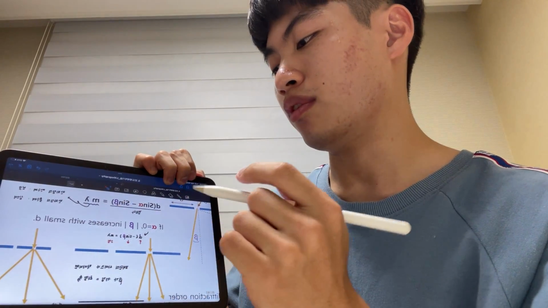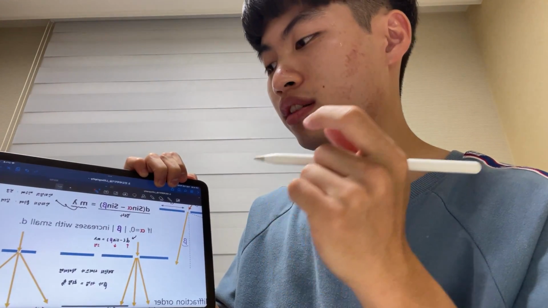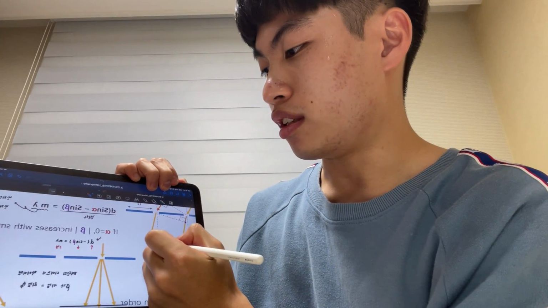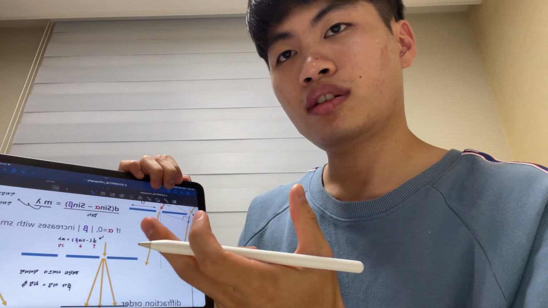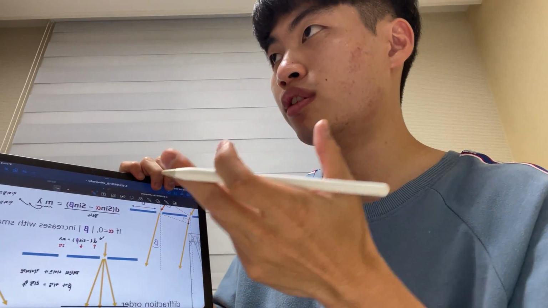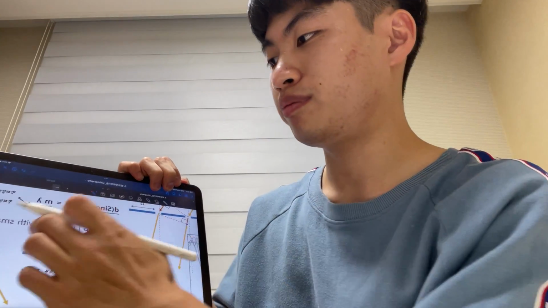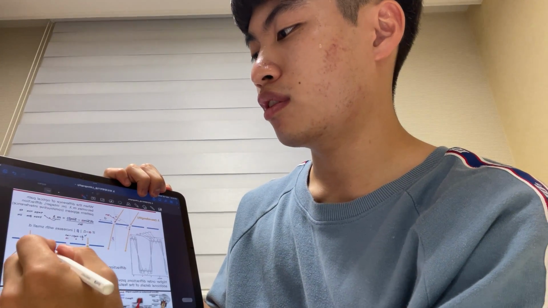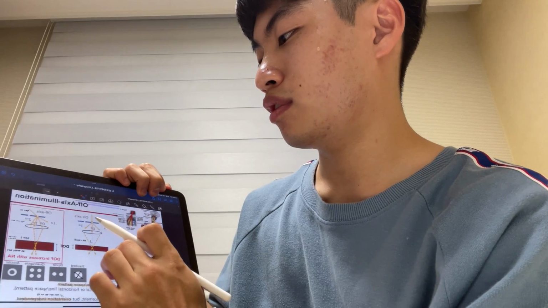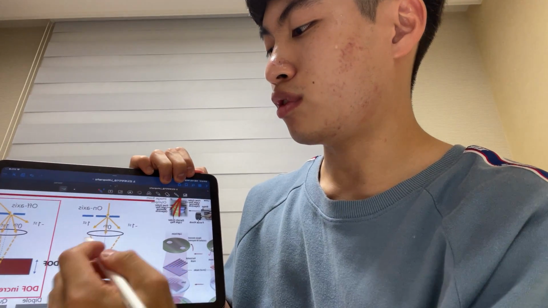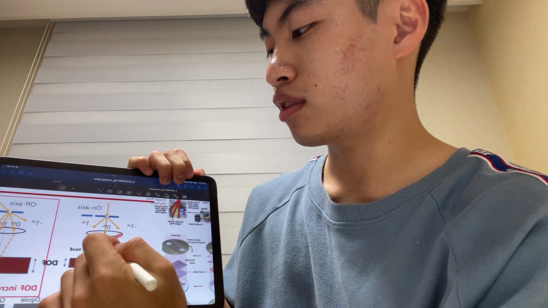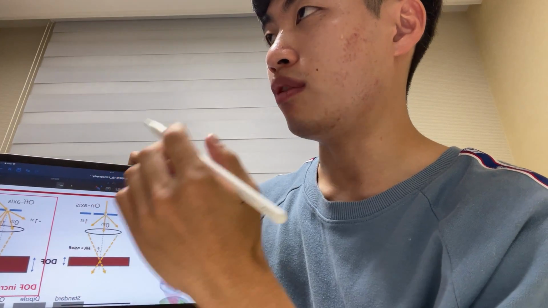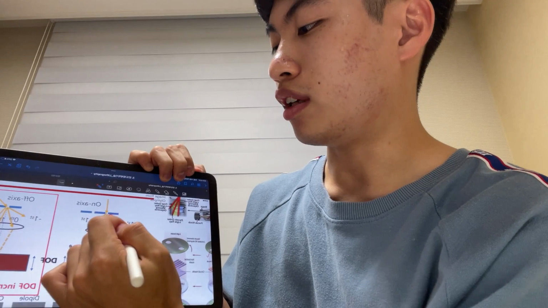If the size of the pattern gets smaller, this angle is bigger. It means there's more diffraction. We need more information about the light.